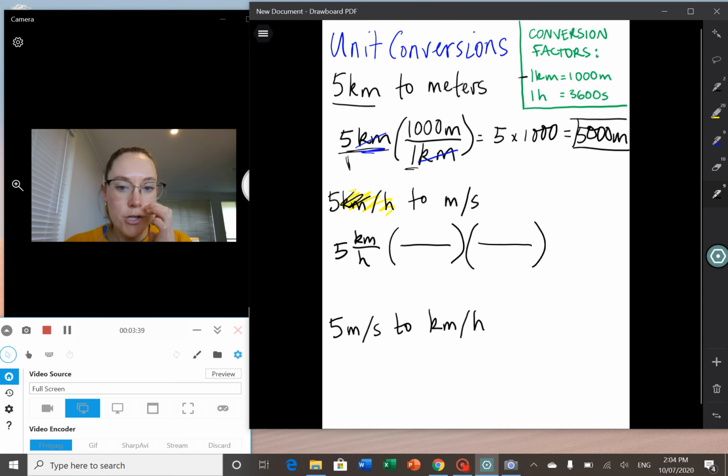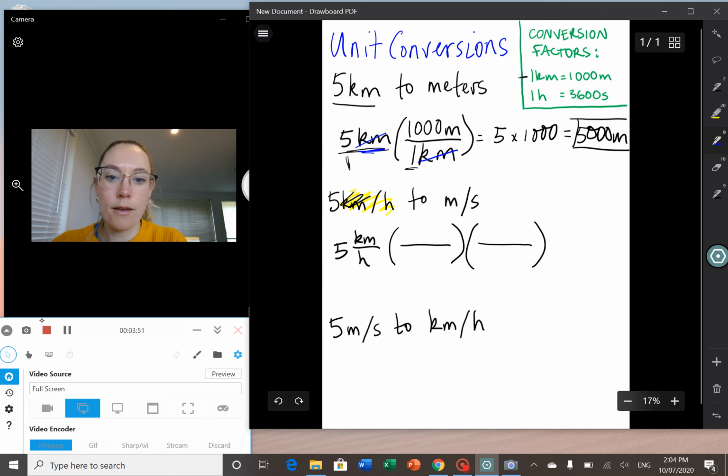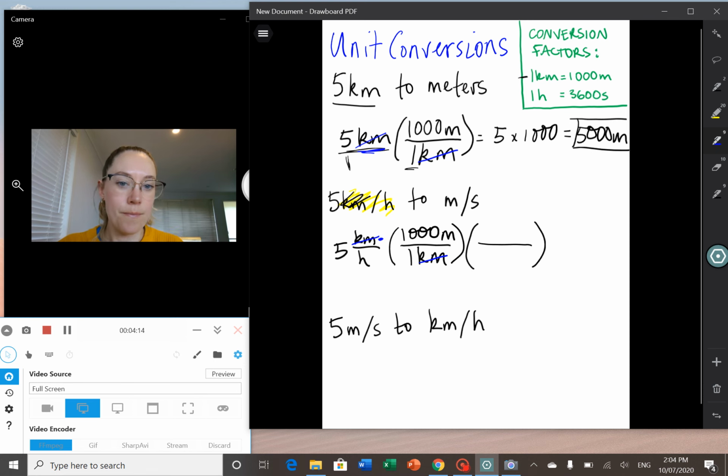So the first fraction I'm converting from kilometres to metres, and I want to do exactly the same thing as what I did in the first example. 1 kilometre is equal to 1,000 metres. In order to cancel out this kilometres here, I need to put the 1 kilometre from my conversion factor as my denominator, which means that my 1,000 metres is my numerator, and these two units of measurement will cancel each other out.